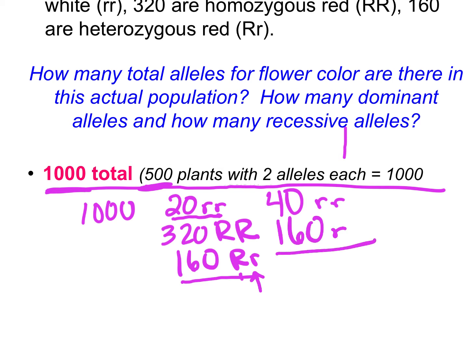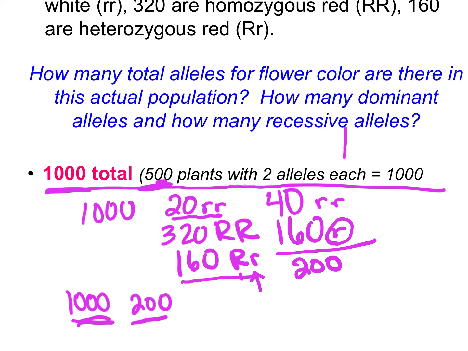When I add all that up, 160 plus 40 is 200. So of my 500 plants, I have 1,000 alleles, and there are 200 recessive little r's.